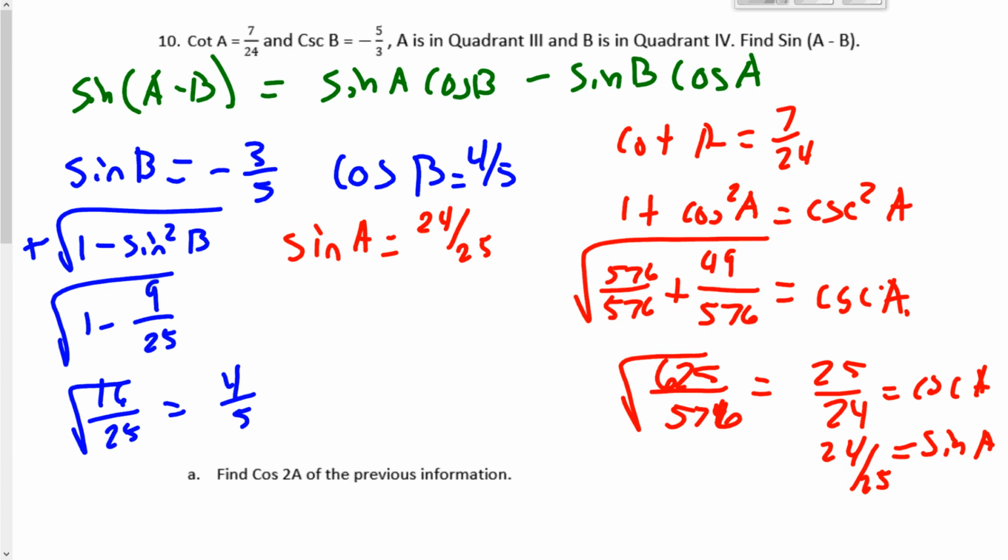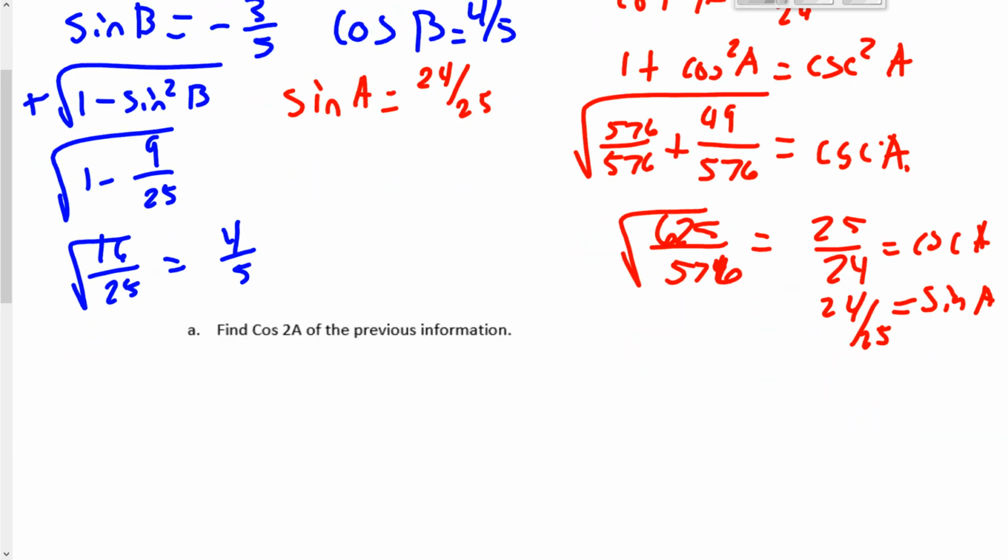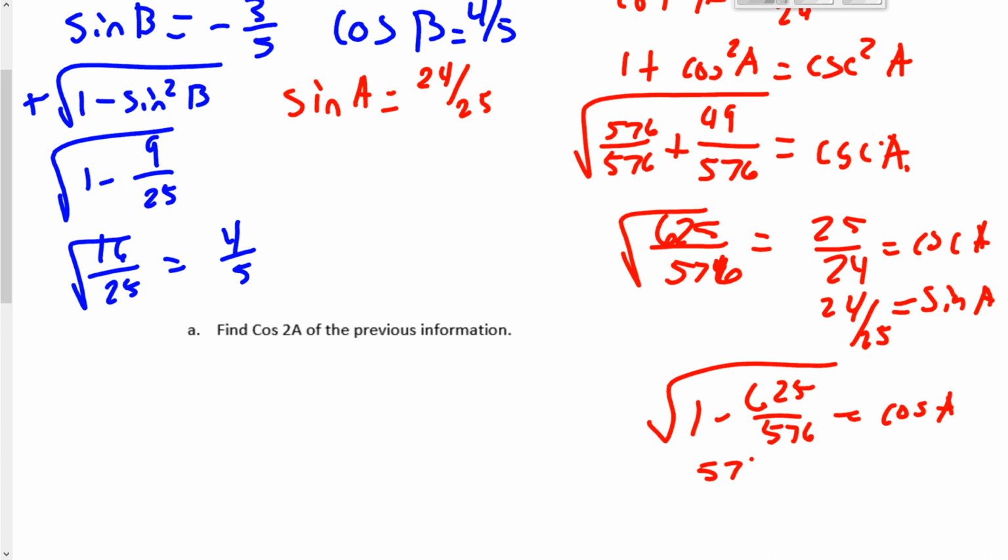And then we can find cosine. You can find cosine of A by squaring that, and then we take 1 minus that, which is cosine squared. Real quick, this would be flipped, right? It's 24 over 25. So that is 576 over 625, because it's 24 over 25.